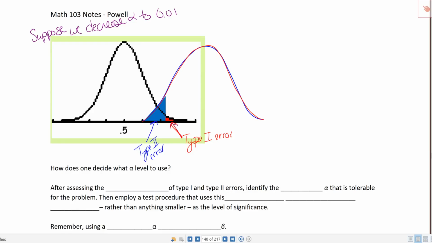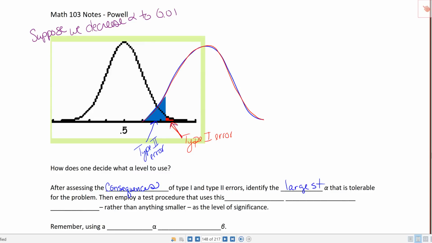So how do you decide what alpha level to use? Basically, you have to assess the consequences of the errors. Once you do that, you identify the largest alpha that is tolerable for the problem.